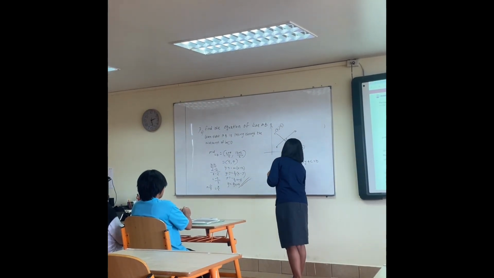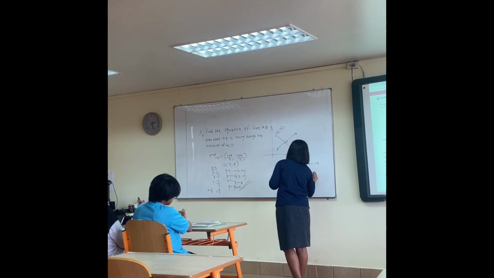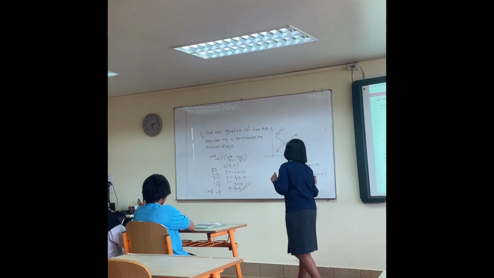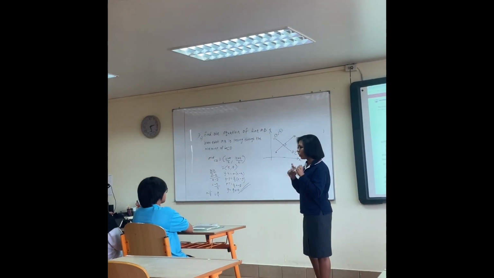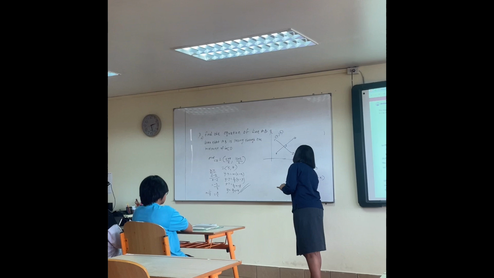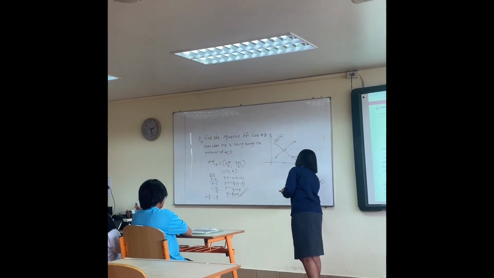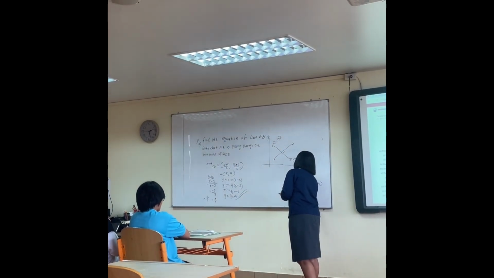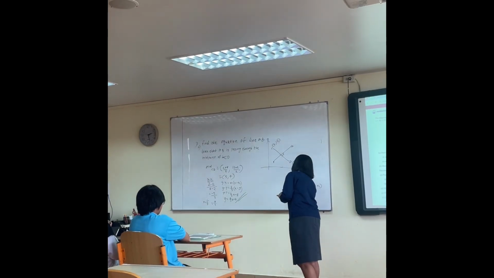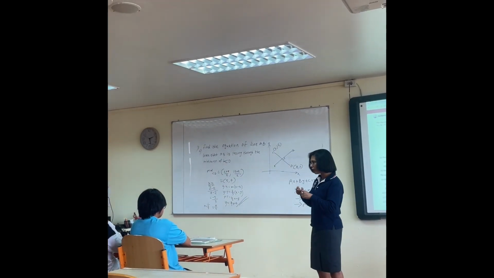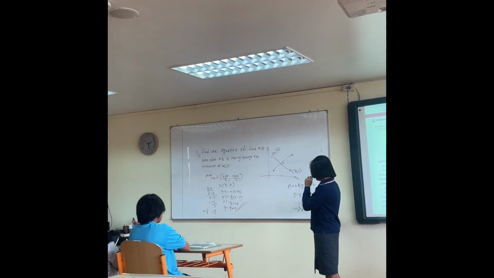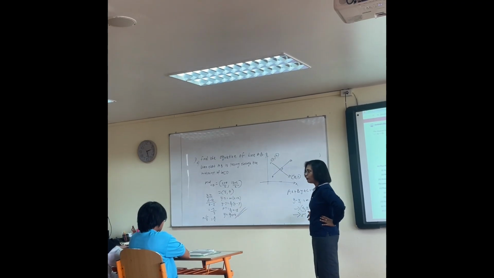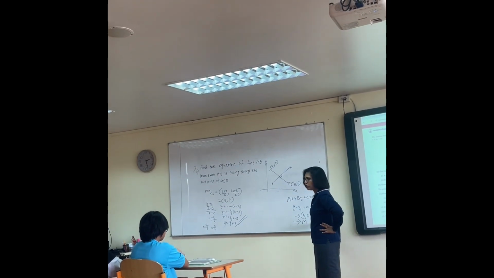That means y minus y1 equals m times x minus x1. That means the required things you need: one, your coordinate, and the other one is the slope. For any line there is one point and the slope.